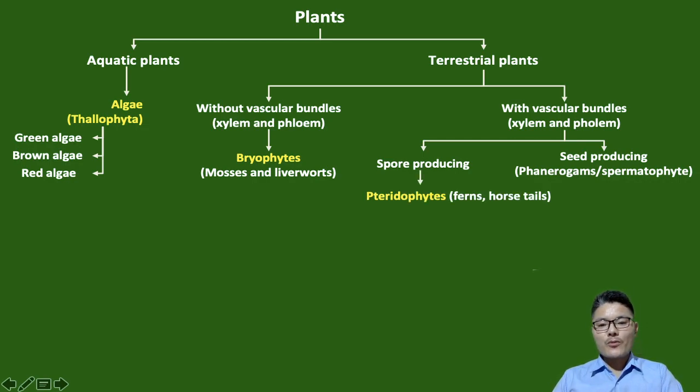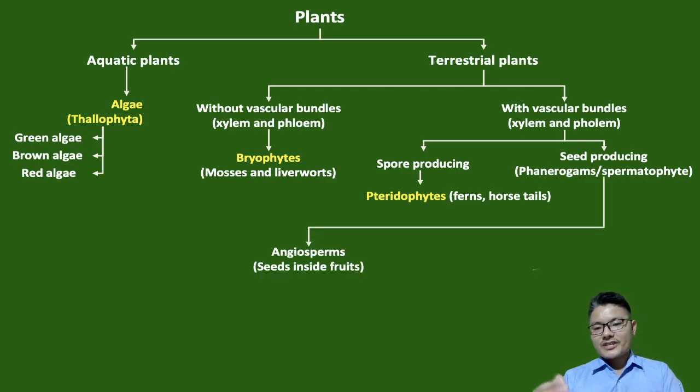Now, what are the spore producing plants? We usually categorize ferns and horsetails under division Pteridophyta. So pteridophytes are spore producing plants. Seed producing plants can be angiosperms or gymnosperms.